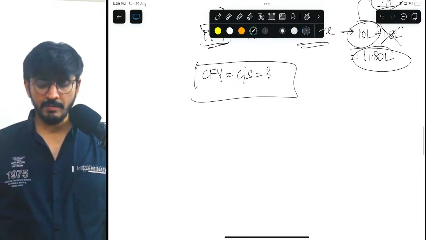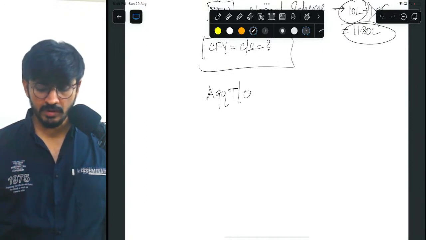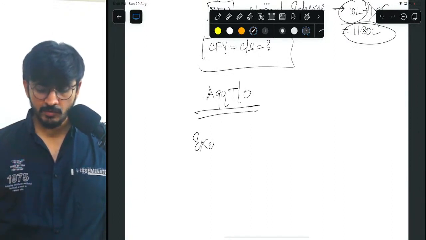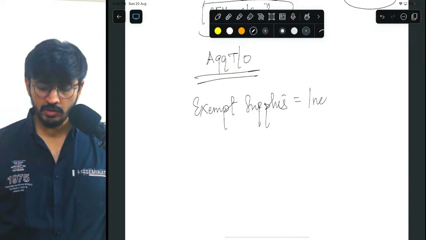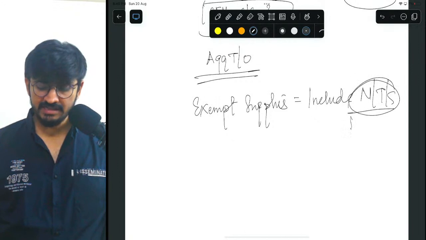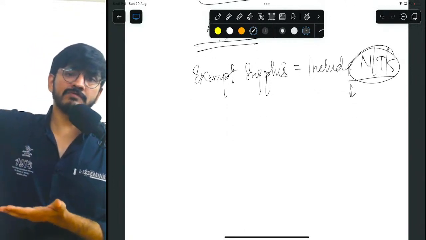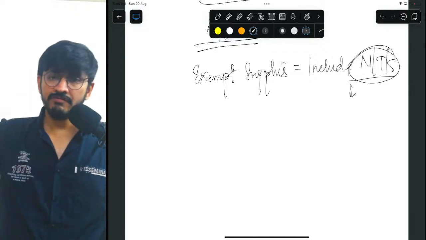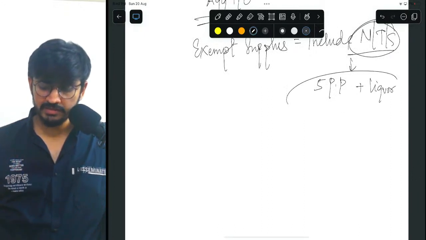Also remember, my dear friends, when you are calculating aggregate turnover, there is a concept called exempt supplies, and exempt supplies also include non-taxable supplies. The classic examples of non-taxable supplies are those supplies which are outside the levy of GST: the five petroleum products, and alcoholic liquor for human consumption.